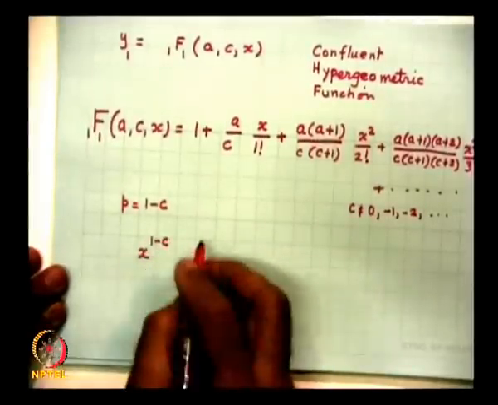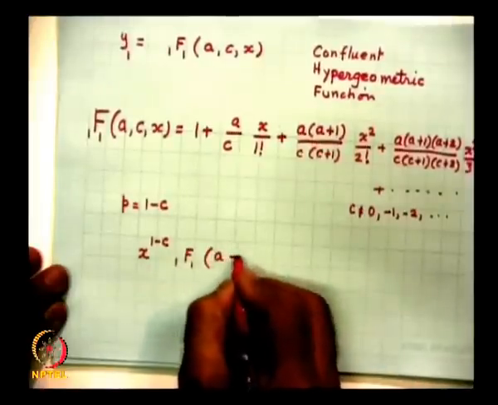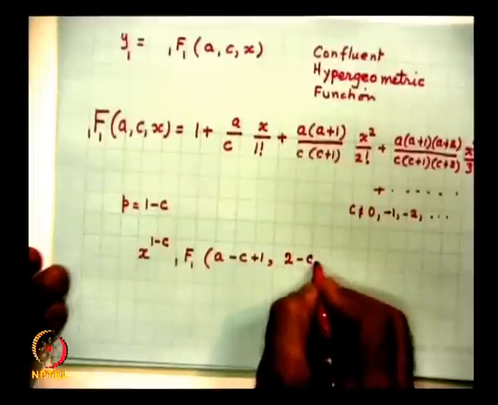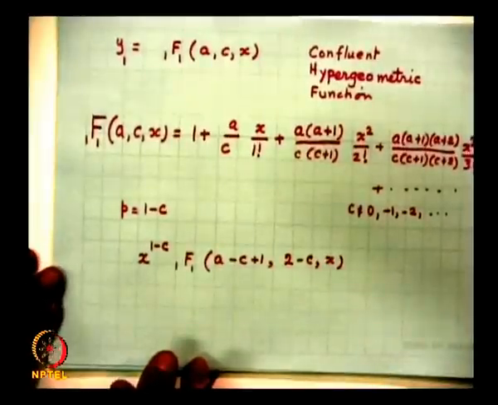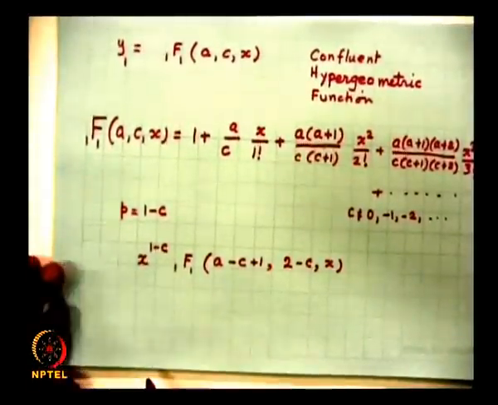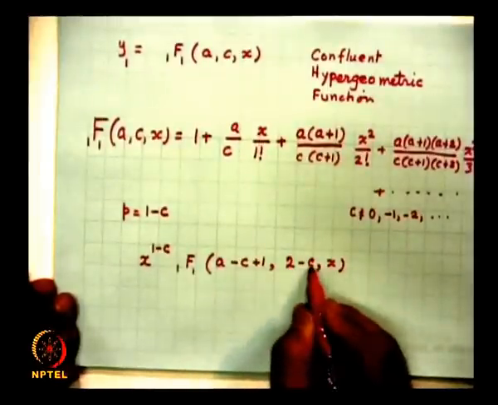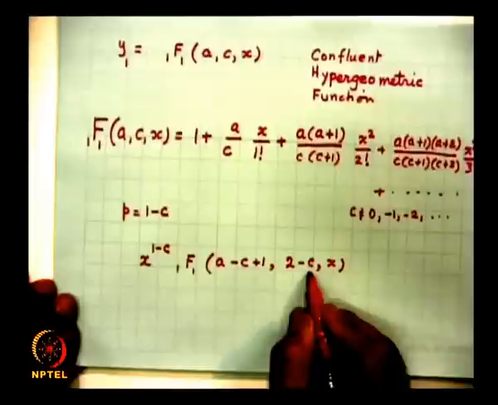I leave that as an exercise. f11 a minus c plus 1, 2 minus c comma x. And if c is a positive integer, say let us suppose c is equal to 3, then this becomes negative. So that will blow up.